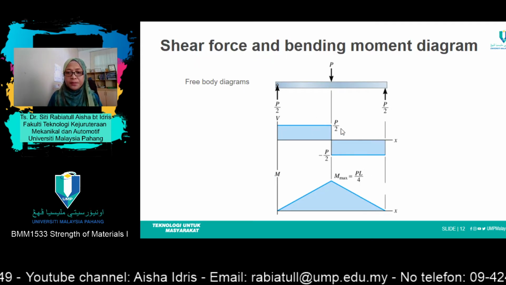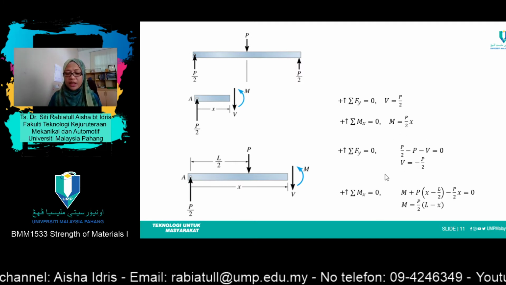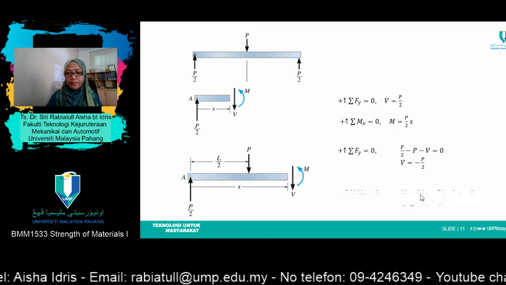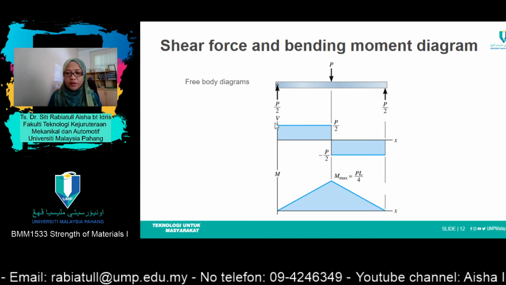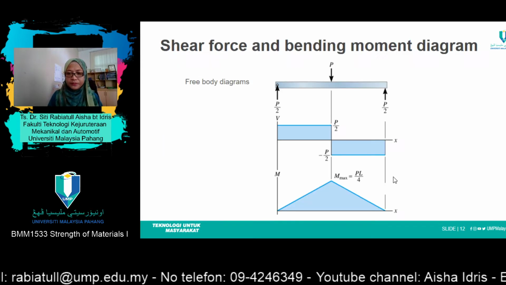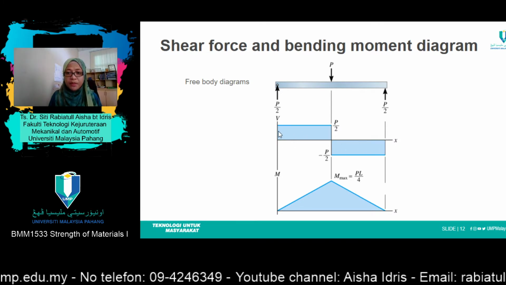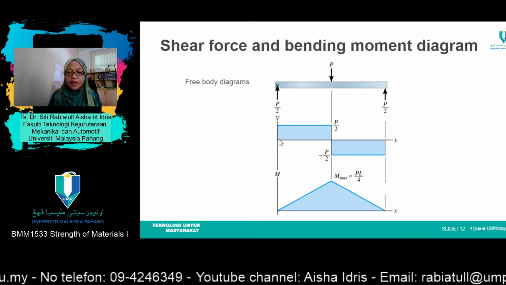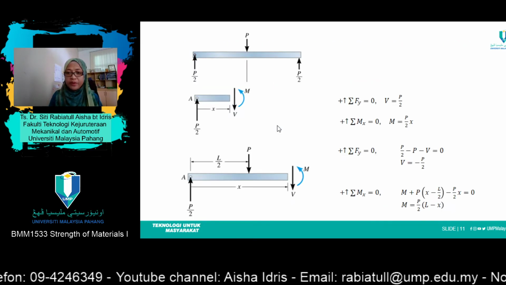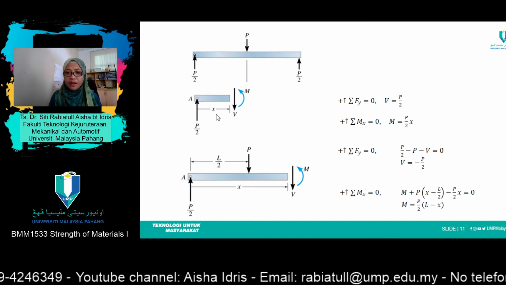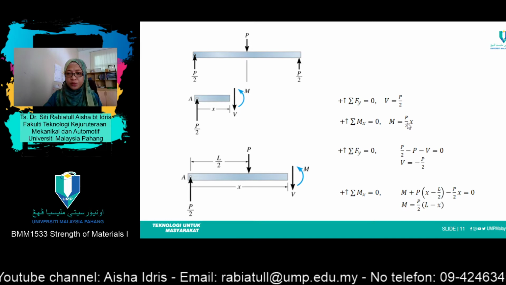Each point here actually refers to your own calculation. Let me repeat. This is the axis Vx, so this is the shear force diagram. At this point, X equals 0. What is the value for V? Refer back to your equation for the first section that you have cut: V equals P over 2.